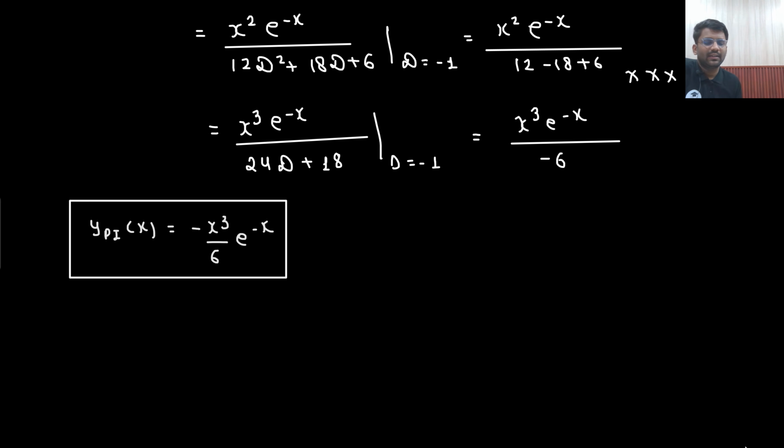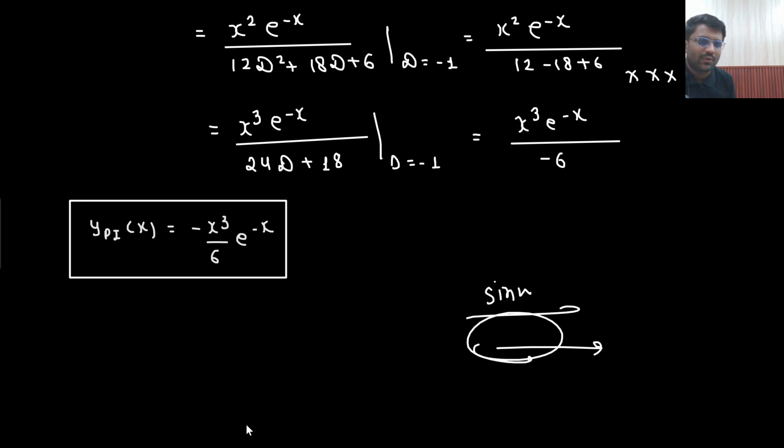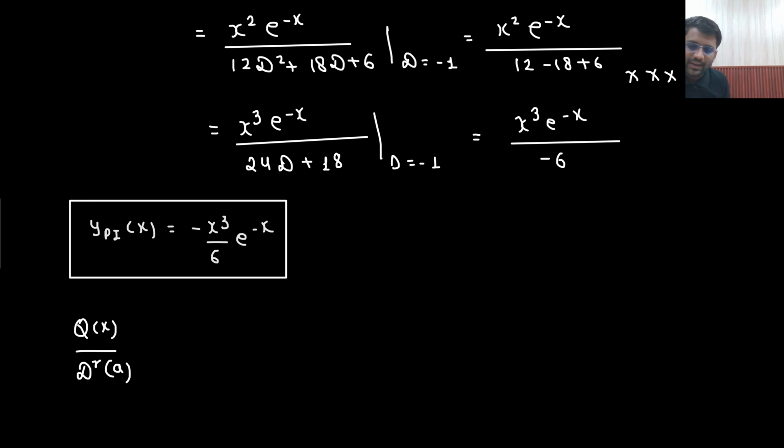Okay, it is lengthy, but this is the process. What is the process? You keep on differentiating, and this process will be similar in all the cases. Like, let's say I talk about sinusoid, there will be a different process. But if the denominator is coming out to be 0, let's say this is my q of x and this is my denominator of a, and it came out to be 0.